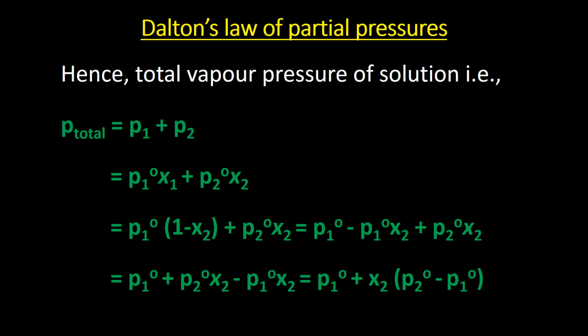P1 naught into X1 can be written with X1 as 1 minus X2, because the sum of X1 plus X2 is equal to 1, plus P2 naught into X2, which is equal to P1 naught minus P1 naught into X2 plus P2 naught into X2. Finally, this will be equal to P1 naught plus X2 into P2 naught minus P1 naught.